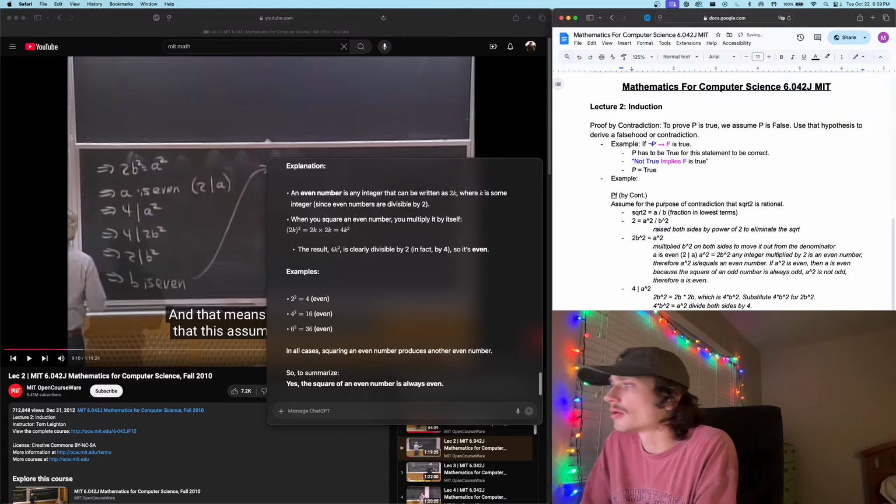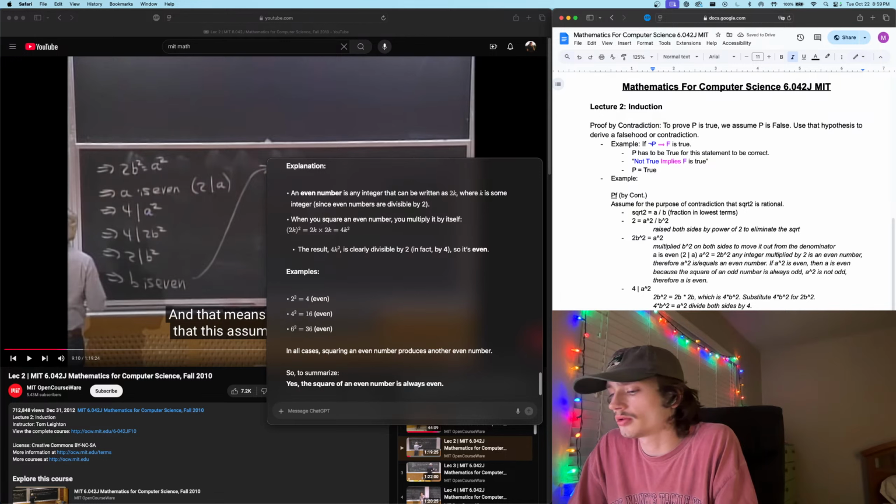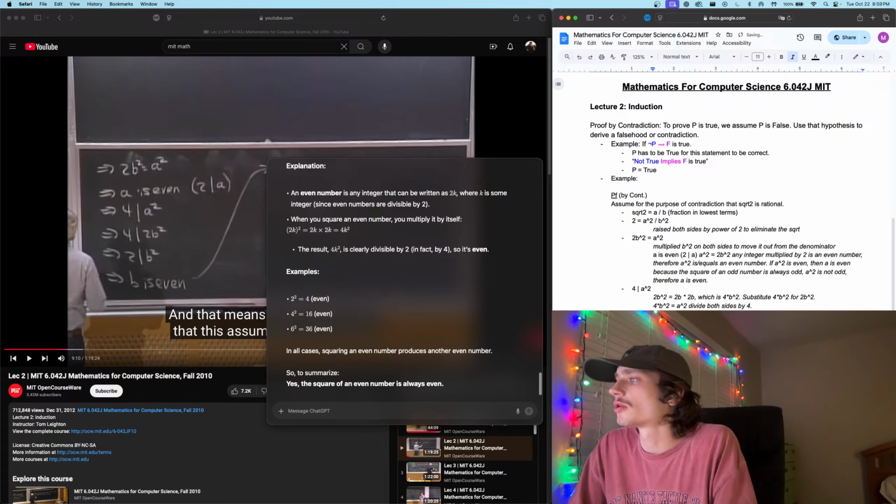Now we would just reduce this down. Divide, reduce down, fraction. Reduce fraction, right?